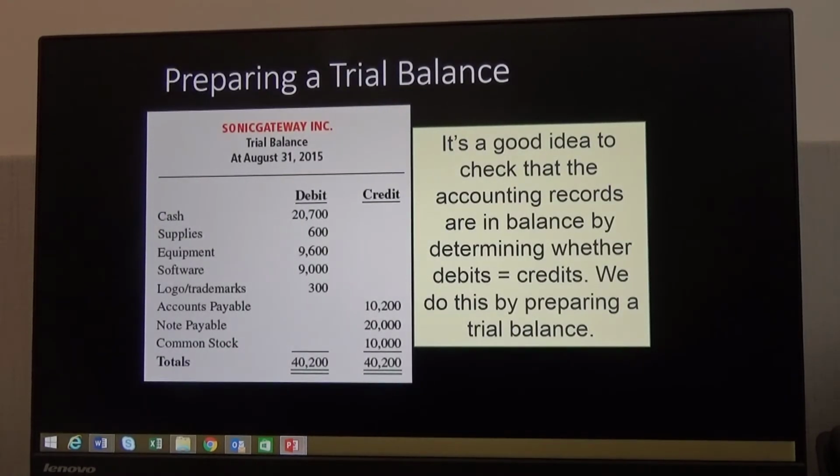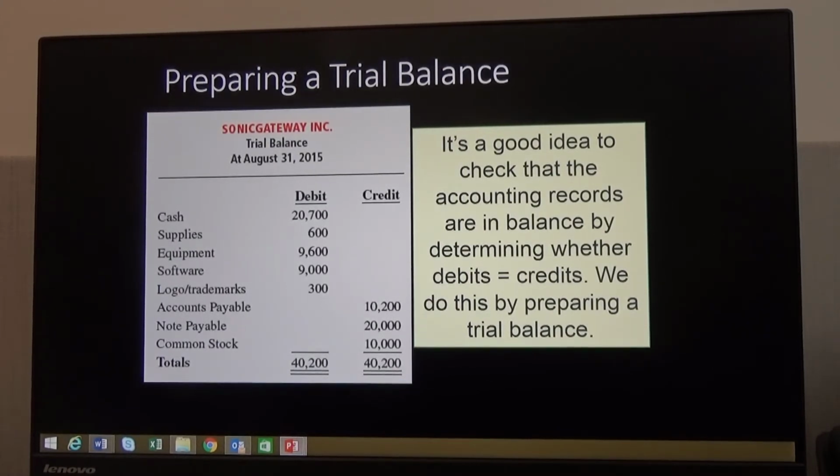Once we've entered journal entries for a prescribed period of time, we want to check and make sure that we don't have any egregious errors. We're going to check the accounting records to make sure they're in balance by making what we call a trial balance.